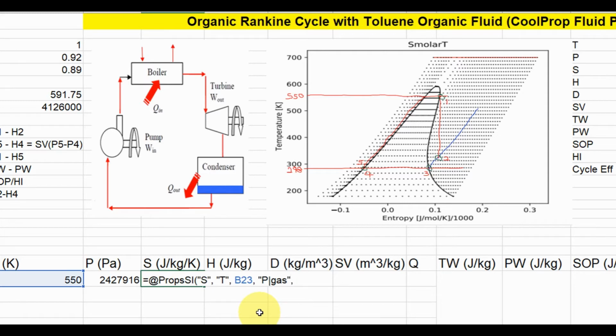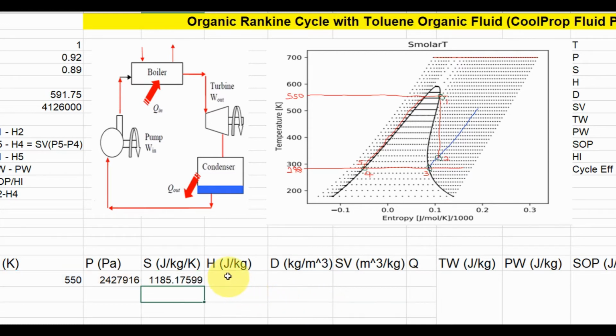And then I select the pressure, which is C23, comma, and then I specify the working fluid, which is toluene. And once you've completed that, you press enter.